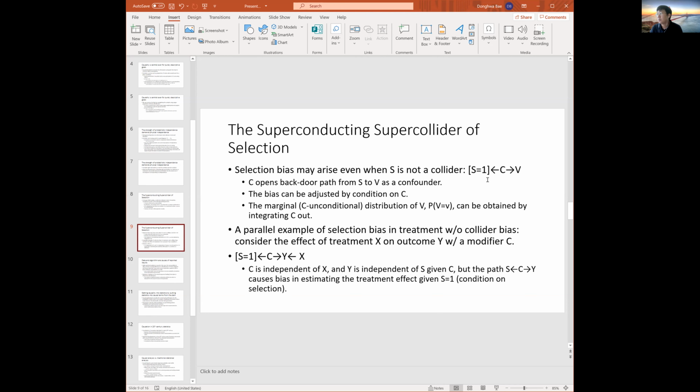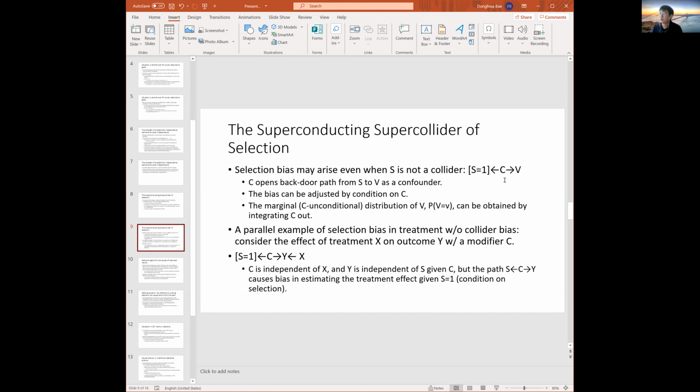However, because S is conditioned on, another node C opens the back-door path from S to V. So we need to think about the bias of that path to estimate the probability of V. And as we learned, the bias can be adjusted by conditioning on C, because we can block that path by blocking C.